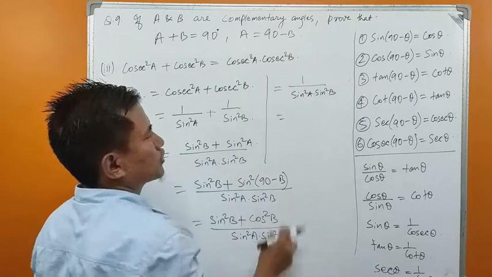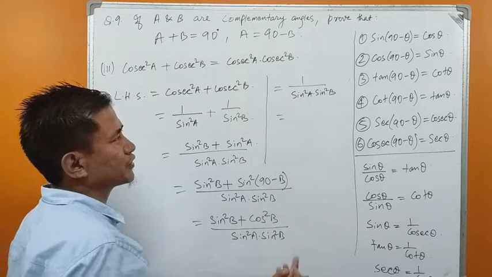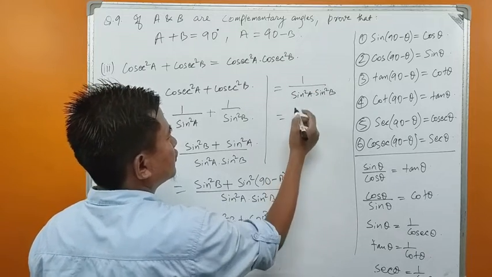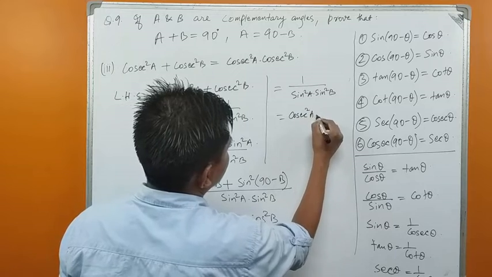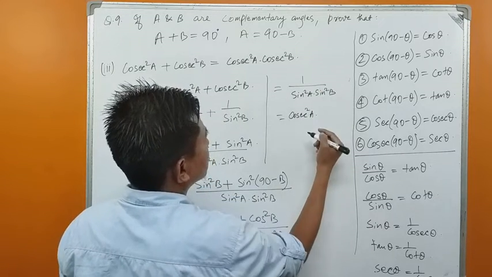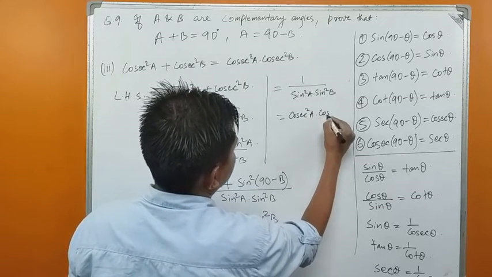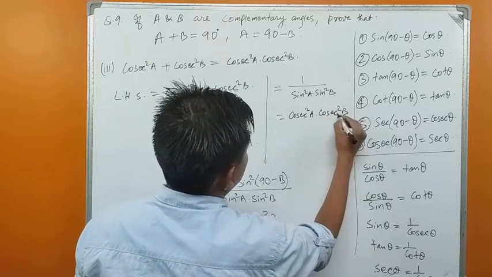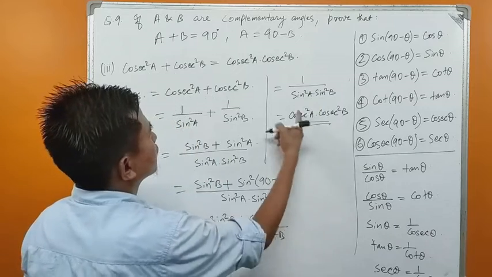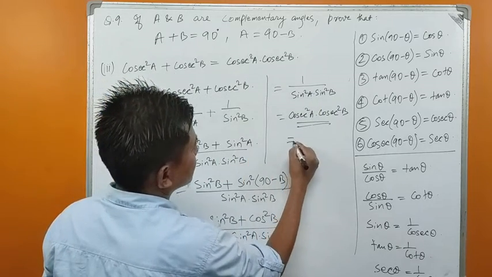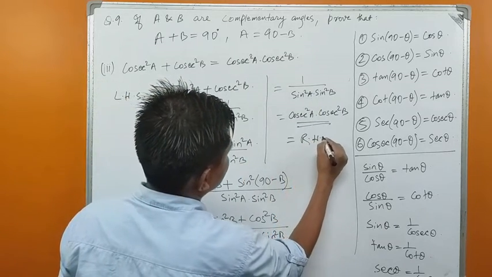Sin square A and cosec square A are the reciprocal of each other. So sin square A when taken to the numerator becomes cosec square A, and sin square B becomes cosec square B. The into sign remains in between them. So this is what we have in the right hand side, equals RHS, hence proved.